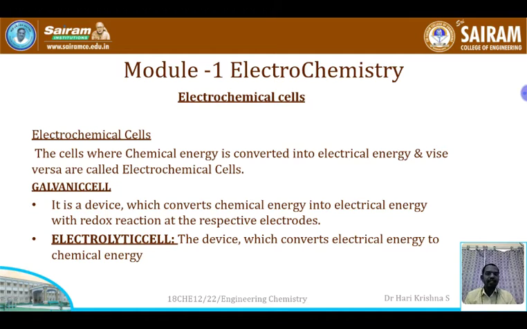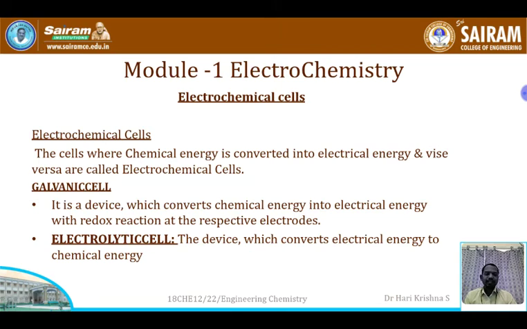So, electrochemical cells are the devices wherein chemical energy is converted into electrical energy and electrical energy is converted into chemical energy. So, we have mainly two types of electrochemical cells. They are galvanic cells and electrolytic cells.